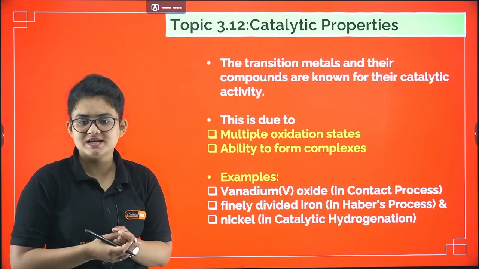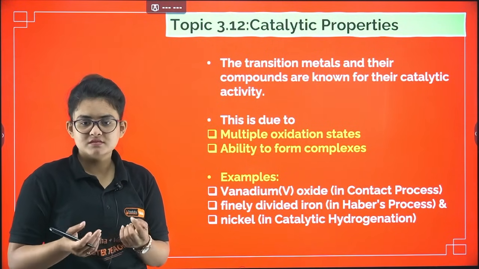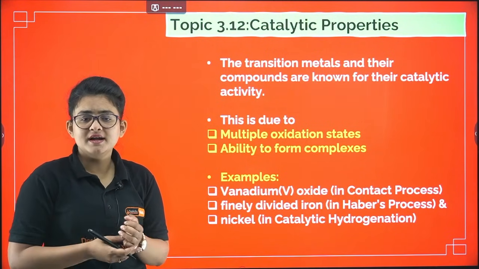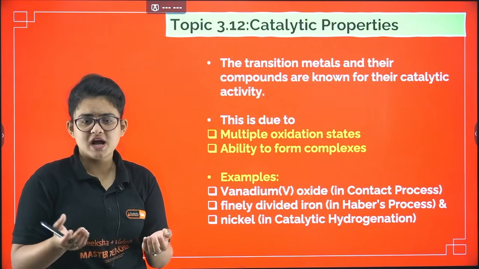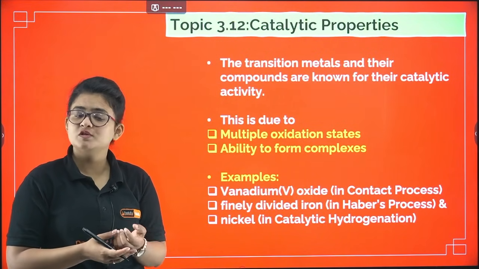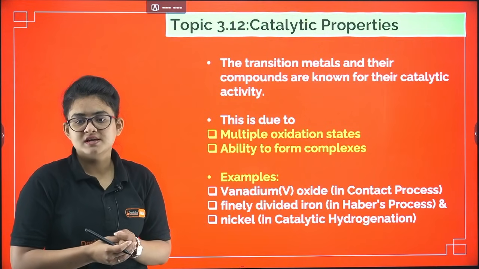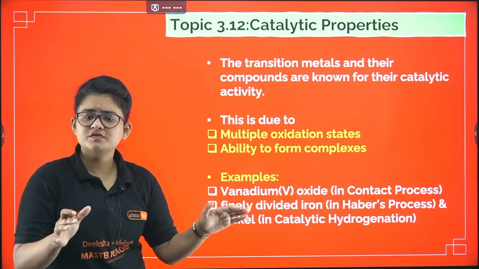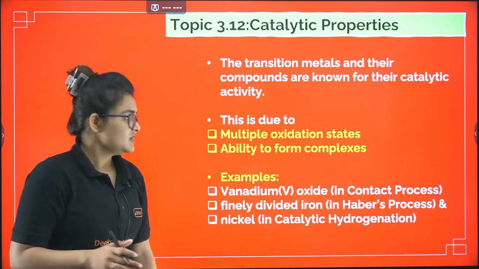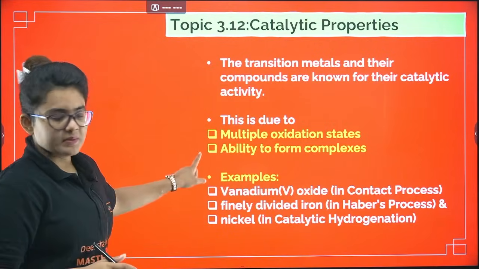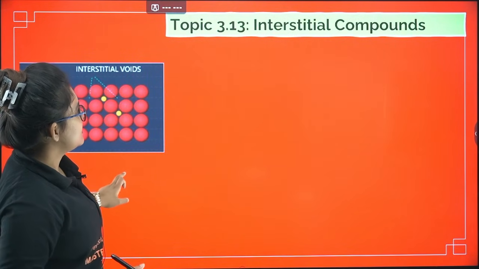Ziegler-Natta catalysts are there. Finely divided nickel or iron can be used. Nickel is used for hydrogenation, or iron can be used in Haber's process. This is how they can be used as catalysts. Remember this reason.